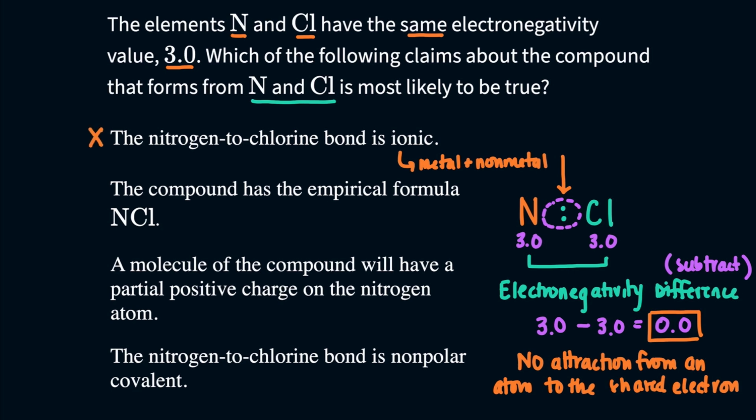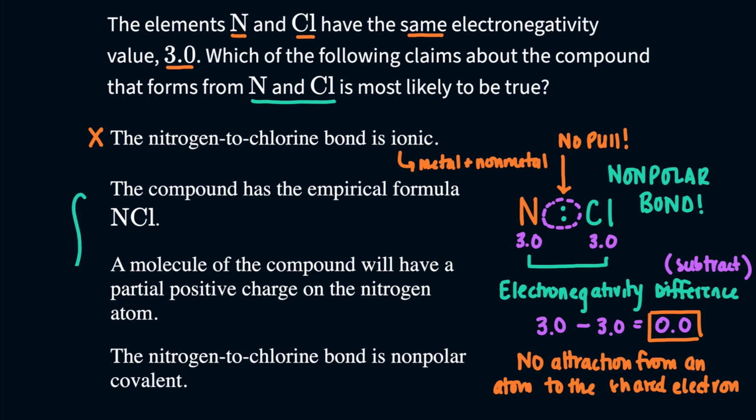Now, we did say that there's no pole, right? There's no winning, there's no losing, it's just a tie. And the word for pole is polarity. So if you have no pole, you basically have no polarity. This would be a nonpolar bond. No pull.